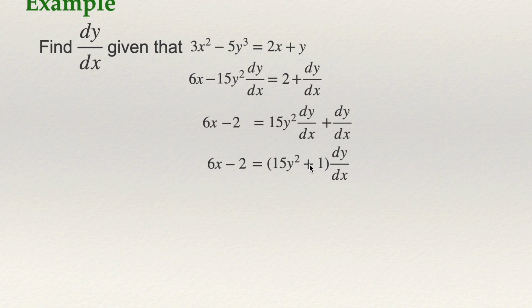And just now you need to divide by 15y squared plus 1 on both sides. So you obtain that dy/dx is 6x minus 2 divided by 15y squared plus 1. And in this case, you get the derivative of y with respect to x, even if the equation was not solved for y at the beginning. This is an example of use of implicit differentiation to compute dy/dx, to compute the derivative of a function.